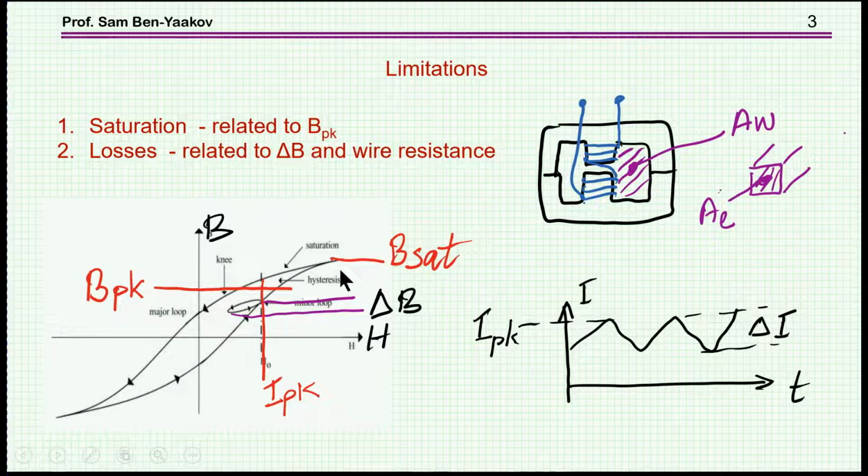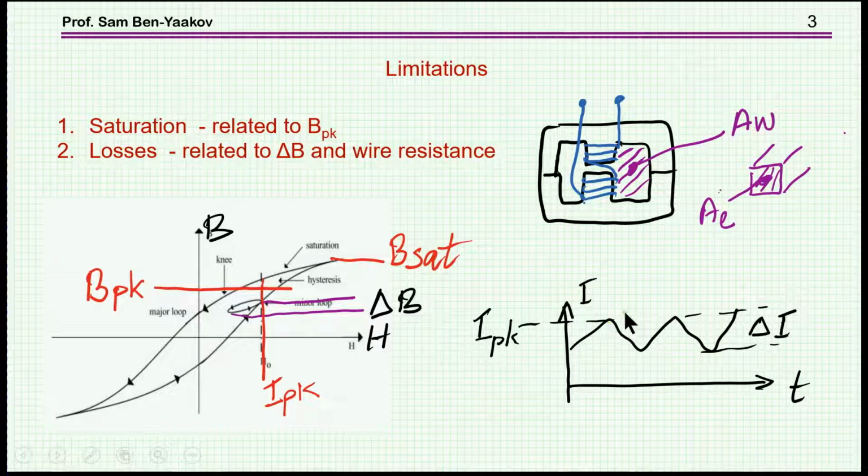Another aspect is that we don't want the losses to be higher than a given value, because the losses, first of all, of course, lower the efficiency, but also they heat up the inductor, and the so-called hot spot temperature might get too high. This will damage insulation. Also, it can actually bring the core into a dangerous temperature.